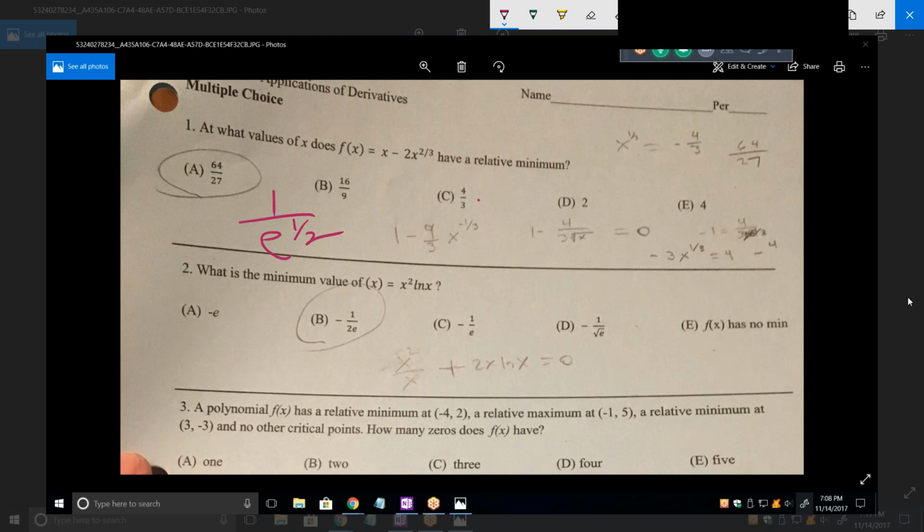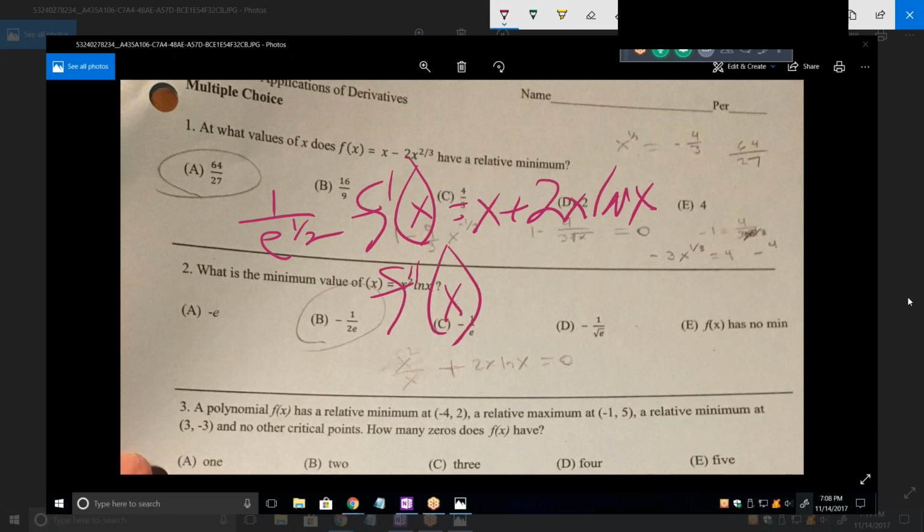So our first derivative was x plus 2x natural log of x. If that's our first derivative, what's our second derivative? 1 plus 2x times 1 over x plus 2 natural log x.